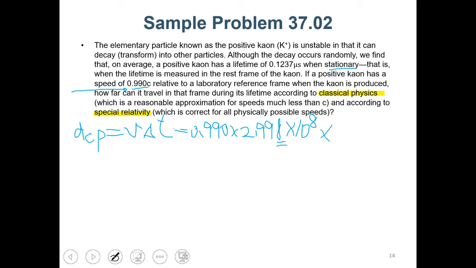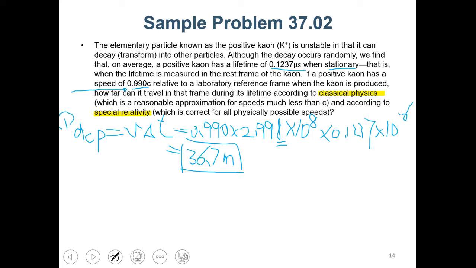And the lifetime is 0.1237 microsecond, 0.1237 times 10 to the minus 6. So it can move for 36.7 meters. So that is the answer for the first case.